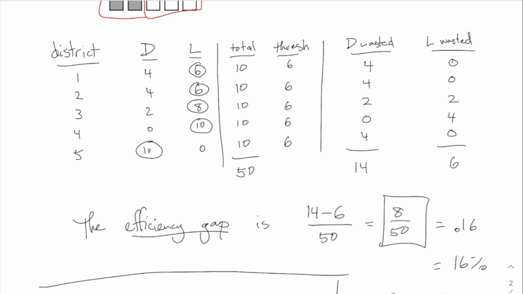I will walk around and see how you're doing. Your chart should have 4 rows in it because you have 4 districts.